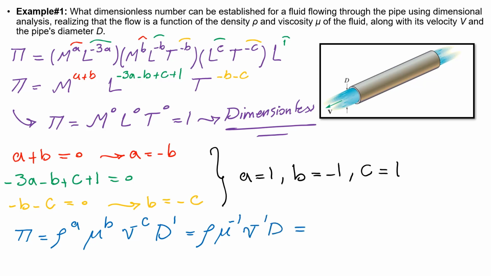Now, if you write this number down, it would be rho v d divided by mu. This number should be very familiar for you, right? This number, as you already know, is your Reynolds number. So now you understand why we used Reynolds number in our pipe problems to find out the friction, right? So based on dimensional analysis, we confirmed that Reynolds number is the dimensionless number to be used in pipe flow problems.